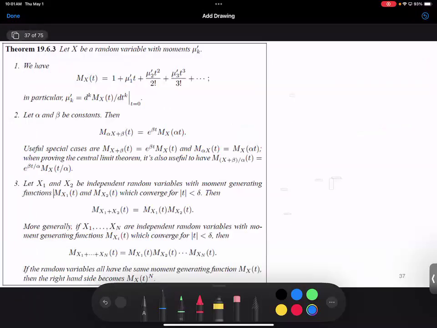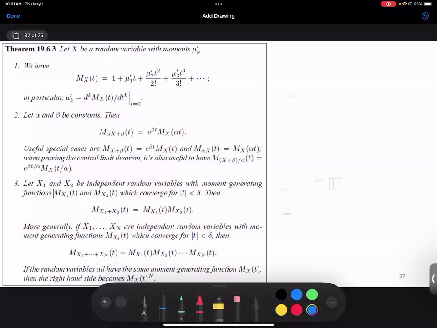So we talked about a bunch of properties of the moment generating function. This is all review, but it's not bad to just quickly refresh ourselves before we go into a long set of calculations. So not surprisingly, when you look at the Taylor series expansion of the moment generating function, the coefficients are the moments divided by the factorials. Hence the name moment generating function, right?